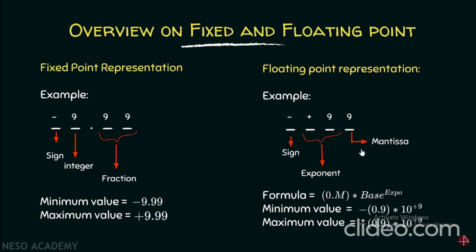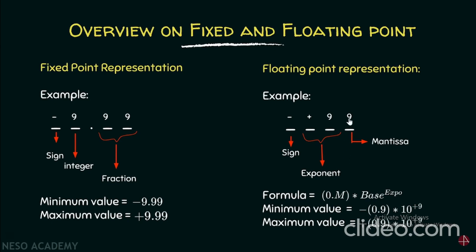Now the formula to represent real numbers would be 0.m times base to the power of exponent. Here the base is 10 because in our example we are representing decimal numbers. The exponent is plus 9. The first place of the exponent is fixed for sign and the next place for the integer. M represents the mantissa part.